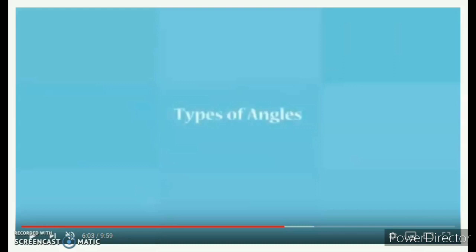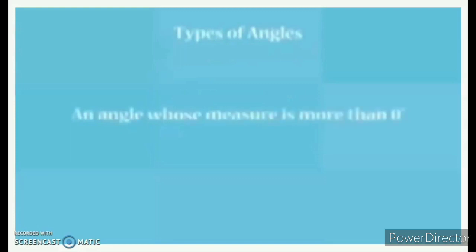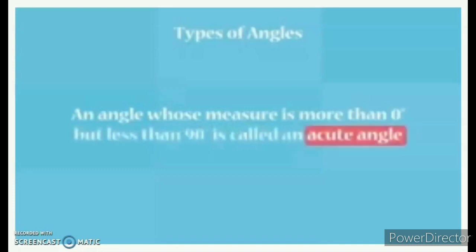So children, according to the measures of angles, we can divide angles into different types. Let's see how many types of angles there are. The first is acute angles. An angle whose measure is more than 0 degree but less than 90 degree is called an acute angle.